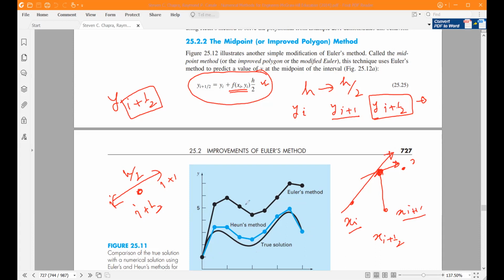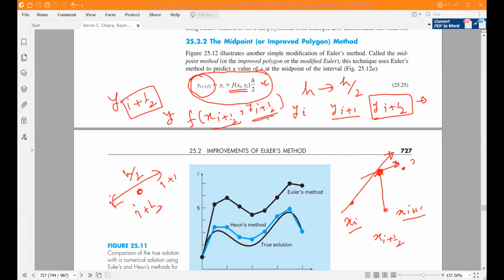In order to calculate the slope at the midpoint, you need to know the value of your function at the midpoint. Because the slope at the midpoint will be equal to f of xi plus half, yi plus half. Your xi plus half will be available to you, but you do not know the value of yi plus half.